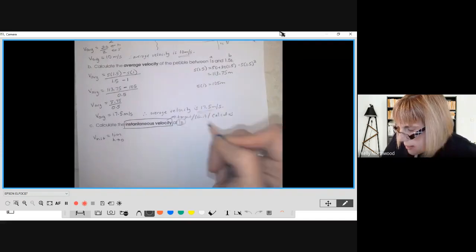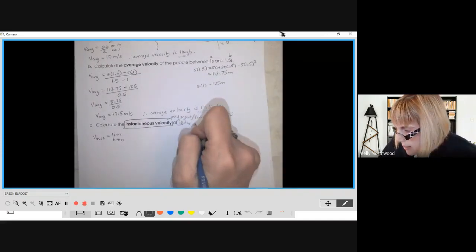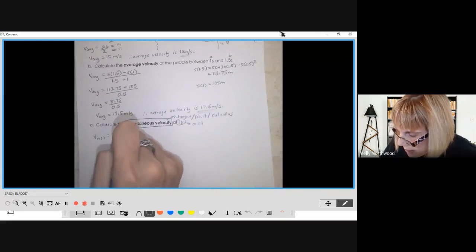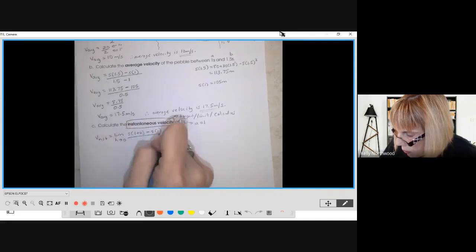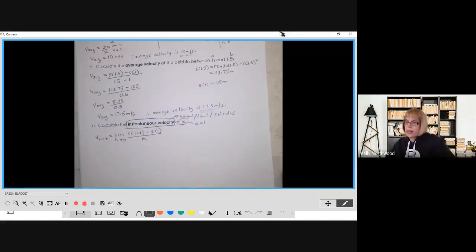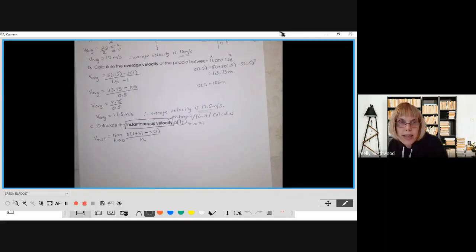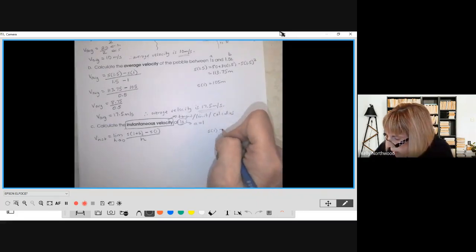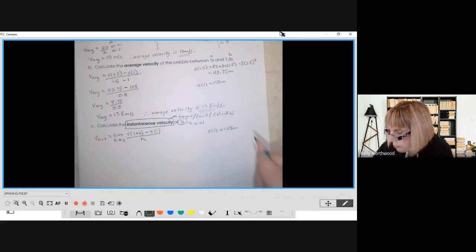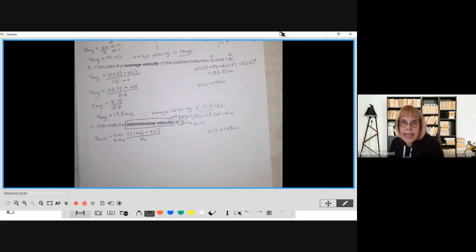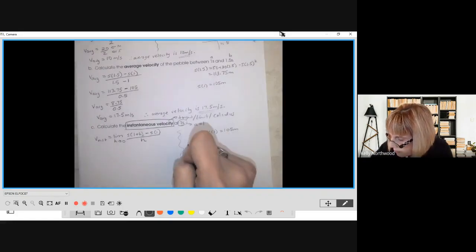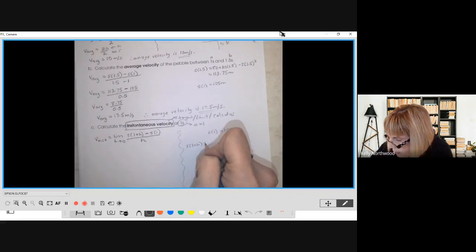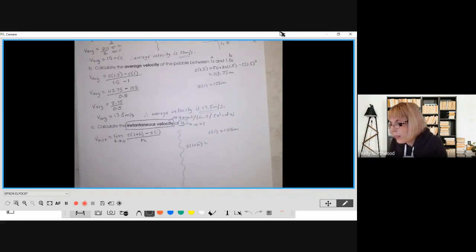And because 1 second is our time, A is going to be 1, of S at 1 plus h minus S at 1 over h. So that's going to be our formula for finding the instantaneous velocity. We already know S at 1 because we've calculated it before. But now we're going to find S at 1 plus h, which we've also worked on in the past few lessons.